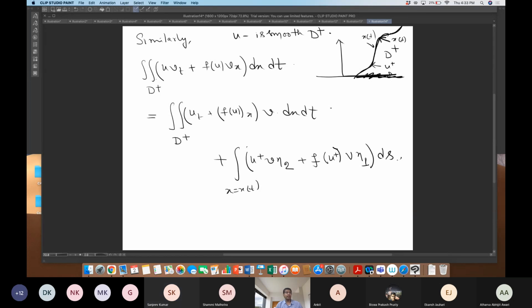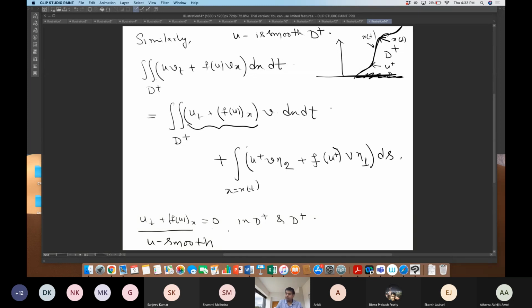Okay. Now by the assumption u_t plus f(u)_x equal to 0, this is a weak solution in D minus and in D plus, and we know that u is smooth. Then what is this value in D plus? U is smooth in D plus, and also you satisfy u_t plus f(u)_x equal to 0 in D plus.